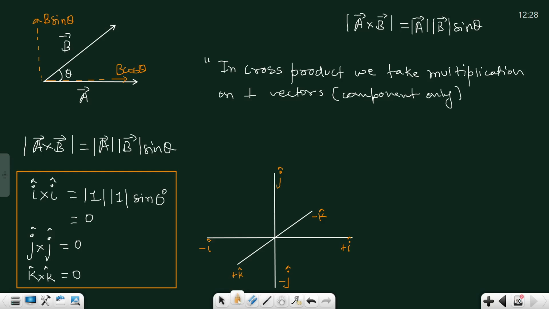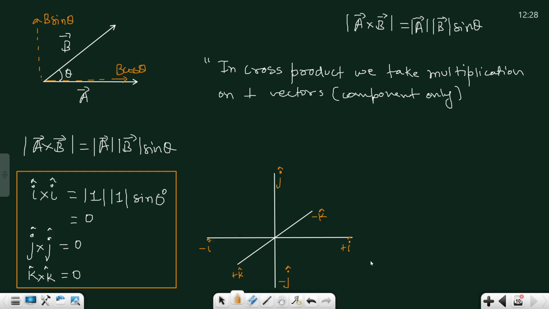Is I A or is I B? I is your forefinger, this one. This is I, this is J, and the thumb is K. So the thumb is coming in which direction? Is it plus K or minus K? Plus K.